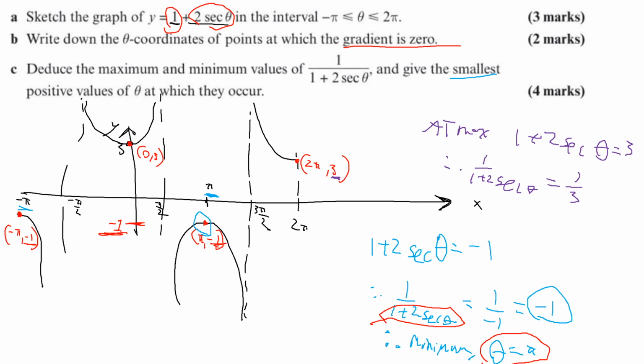And the first positive place where that happens is, if we look at the graph, going to be at 2 pi, okay? So therefore, we can say that theta, in this case, is equal to 2 pi. So it's all about just looking at the graph and seeing how that works.